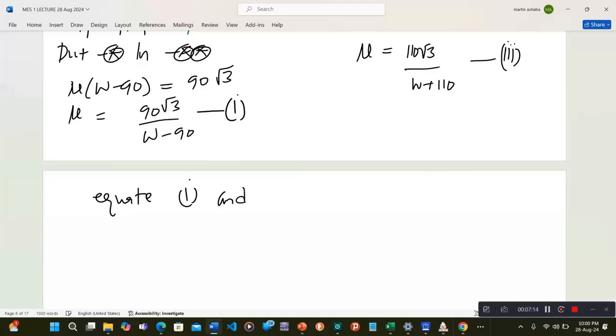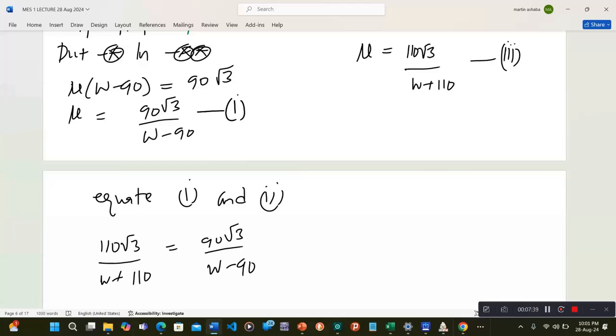So that I have 110 root of 3 divided by W plus 110 is equal to 90 root of 3 divided by W minus 90.